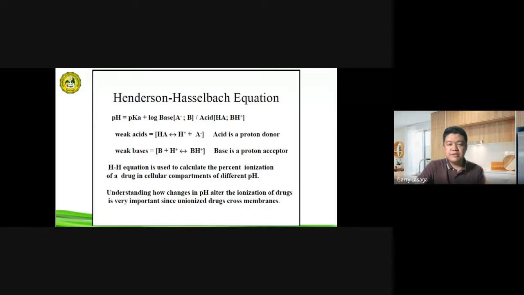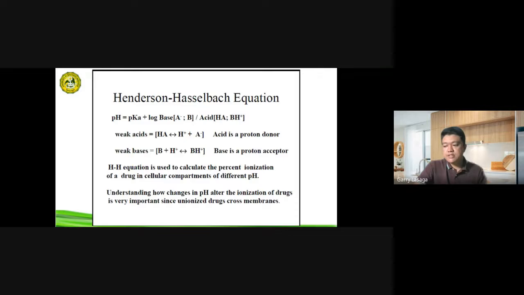So the maternal fluid would have a different pH to that of the fetal fluid. Another is the intracellular fluid such as the cerebrospinal fluid in the brain. It has a different pH compared to the blood plasma.